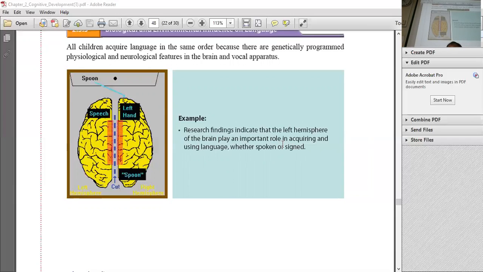So the left hemisphere is always active. We use it all the time, but we might be using it with a different set of words, as, for example, someone studying human sciences or social sciences.